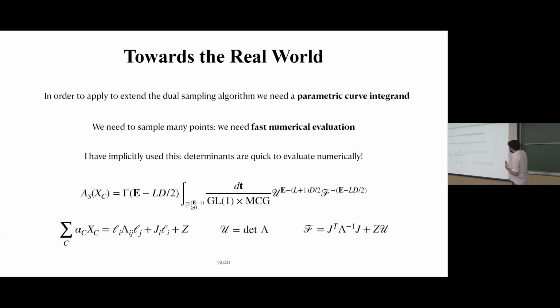And this is actually something that we used implicitly already here. I didn't comment too much about it, but one of the polynomials, for instance, is the determinant of a matrix. And knowing that this is a polynomial, like a Symanzik polynomial, doesn't really help us to evaluate it at that point. But a determinant is something that we can evaluate very quickly. So we need this kind of phenomenon.